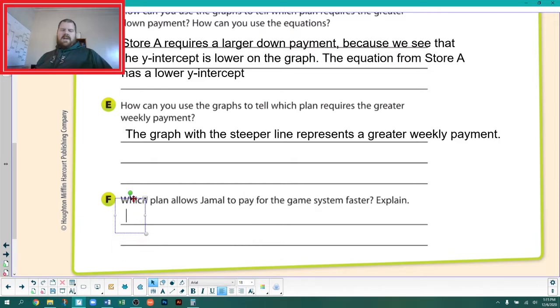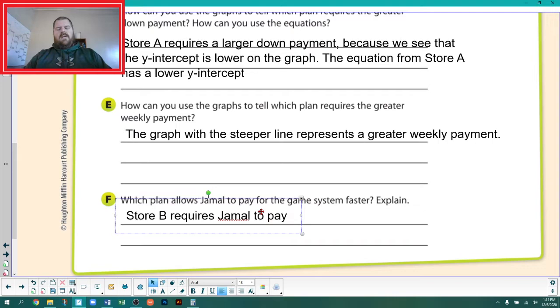And I would say that store B requires Jamal to pay the system off faster.